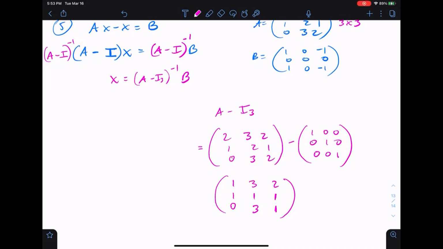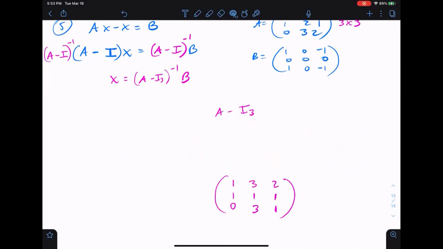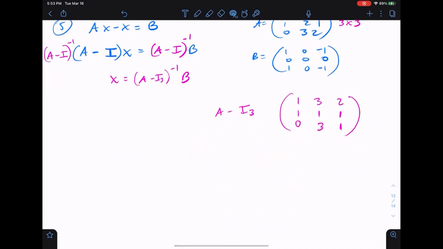Now I need to find the inverse. We don't need the previous calculation anymore. So we need the inverse of A minus I3.